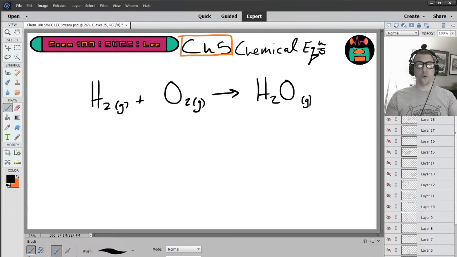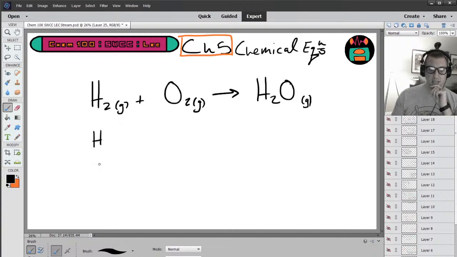It only changes form. And if you look at this reaction, on the reactant side, you have both hydrogens and oxygens. And on the product side, you have both hydrogens and oxygens. But look at the individual atom counts. There are 2 hydrogens and 2 oxygens on the reactant side.